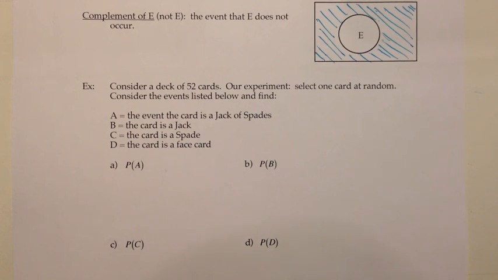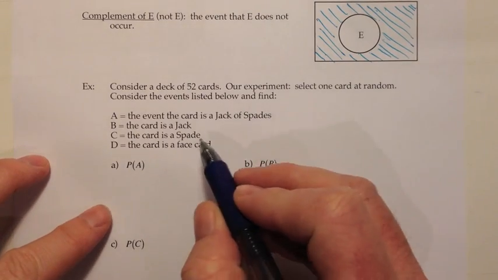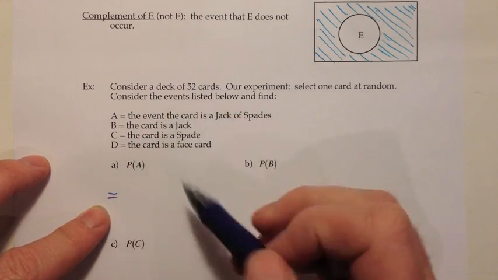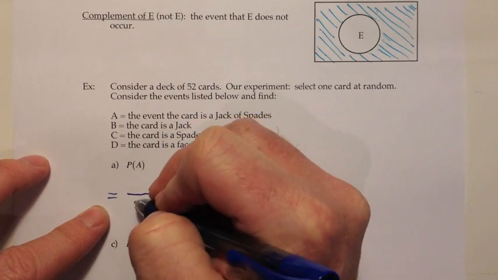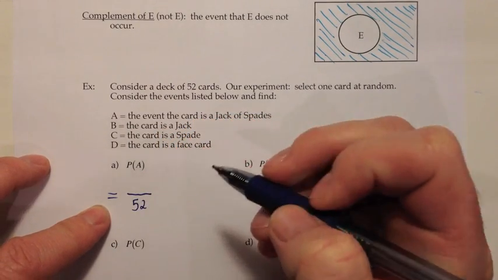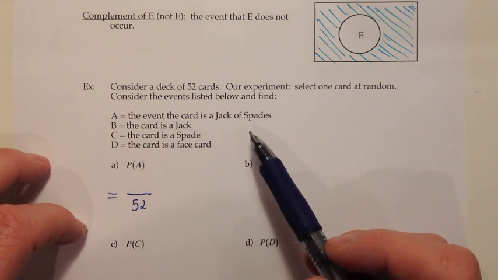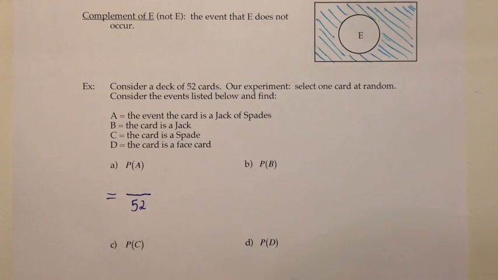And then they want us to do probabilities. So as we go through to do these, the probability of event A, the card is a jack of spades. Since we're selecting a card out of a standard deck of 52, our denominator would be 52, and then the numerator would be the number of ways that A could occur. So we need to think about how many jack of spades there are in a deck of cards.